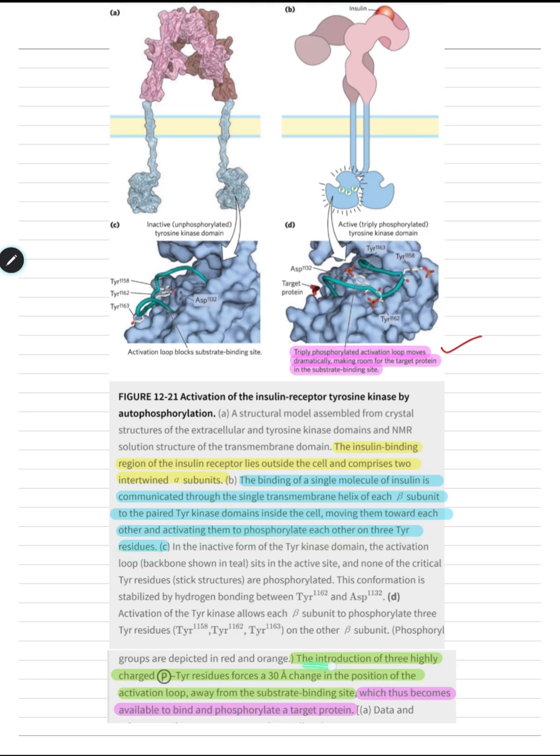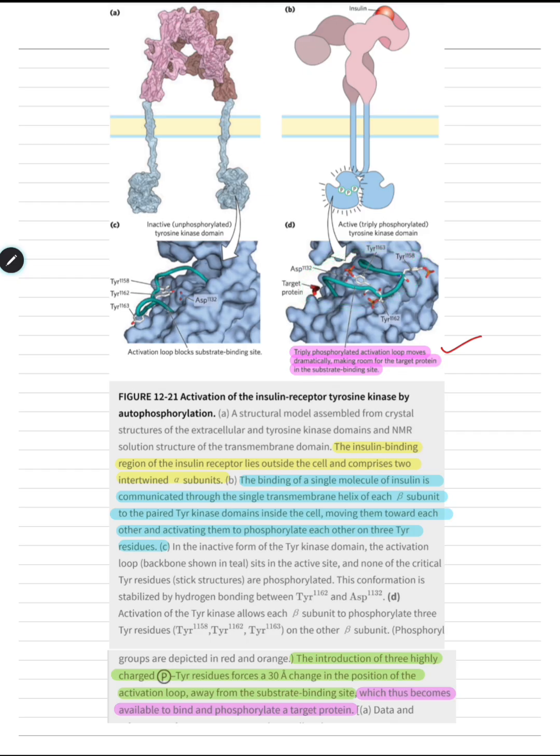And then the introduction of 3 highly charged phosphorylated tyrosine residues forces a change in the position of the activation loop away from the substrate binding site, which thus becomes available to bind and phosphorylate a target protein. So this triply phosphorylated activation loop moves dramatically, making room for the target protein in the substrate binding site.